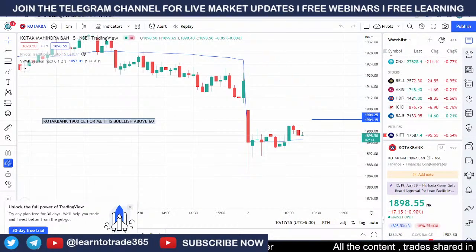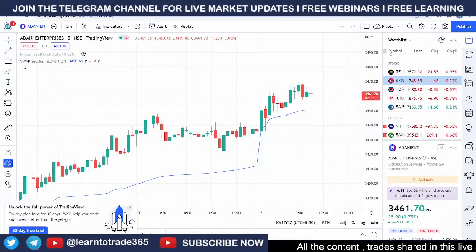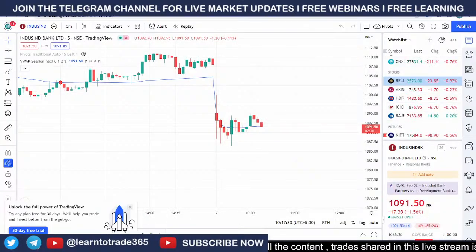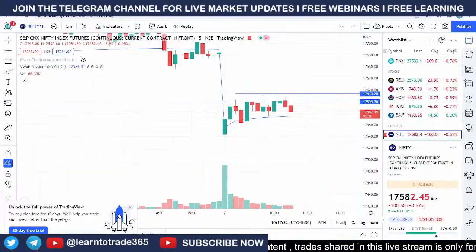Same scenarios on Nifty. So far whatever volumes are coming that are trying to push the price down, I don't see any aggressive volumes pumping in.